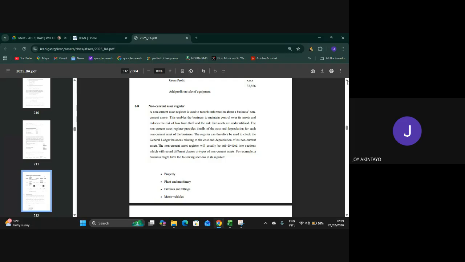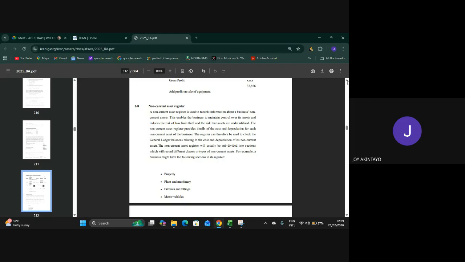Like what we have here, the non-current assets register is used to record information about a business's non-current assets. It gives us information about our business non-current asset items. And what are the items found in our non-current assets?